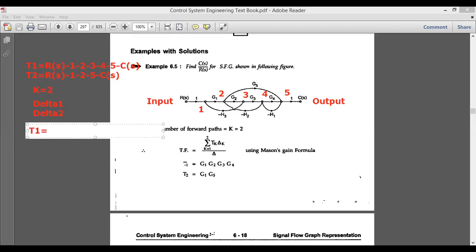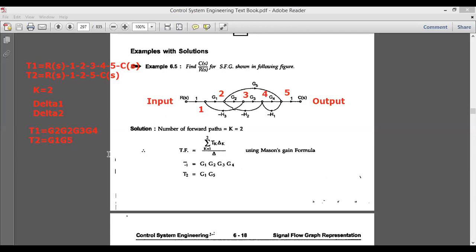So T1 is equal to G1, G2, G3, G4, and T2 is equal to G1 and G5. Even if you write 1, no problem.